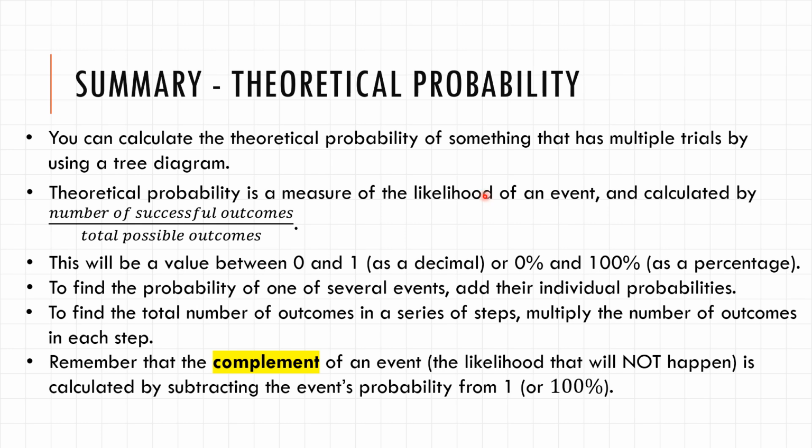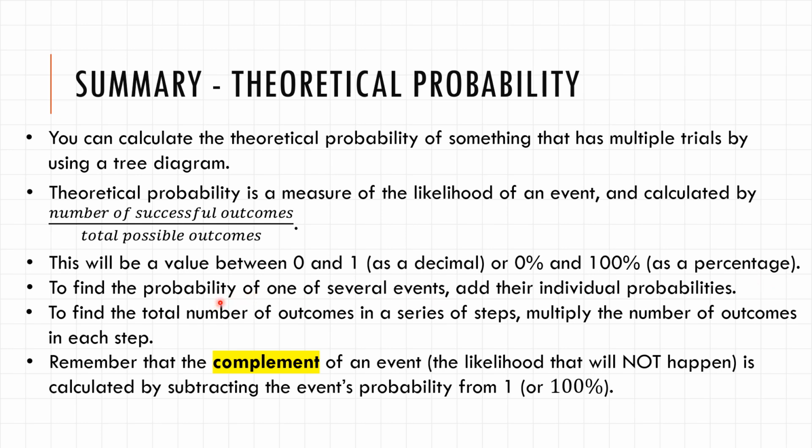And the way we calculate the exact theoretical probability is by counting the number of successful outcomes and dividing that by the total possible outcomes, however many there are. Your answer when you divide these will be a value between 0 and 1, as a decimal, or between 0% and 100%, as a percentage.